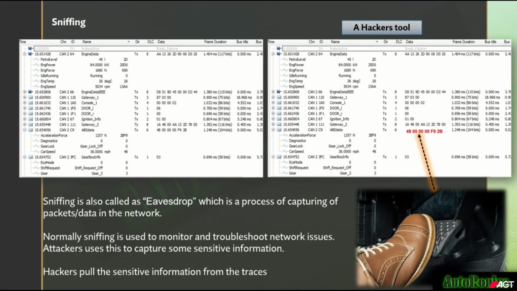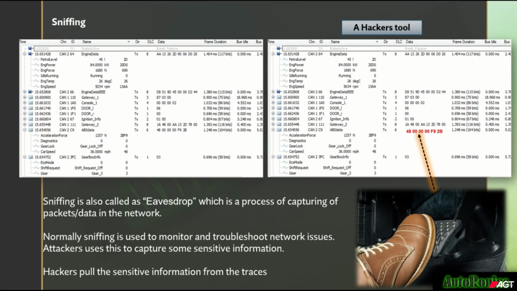So by playing certain actions he will come to know which CAN messages are giving the flow, and in turn he can note it down. He can have the ID, for example the CAN arbitration ID, and with that he can play around. Likewise, he can understand all the necessary information.